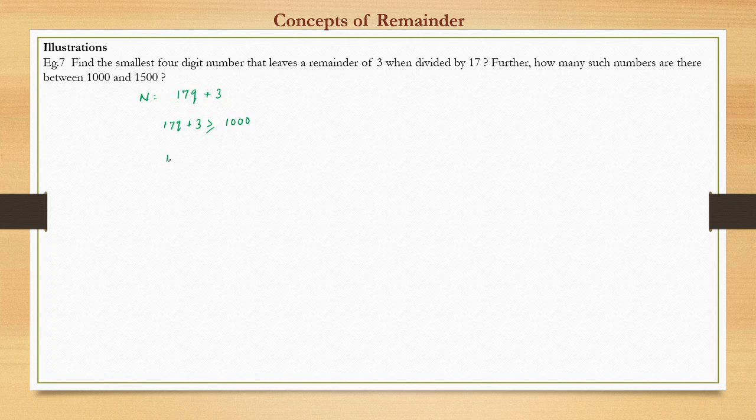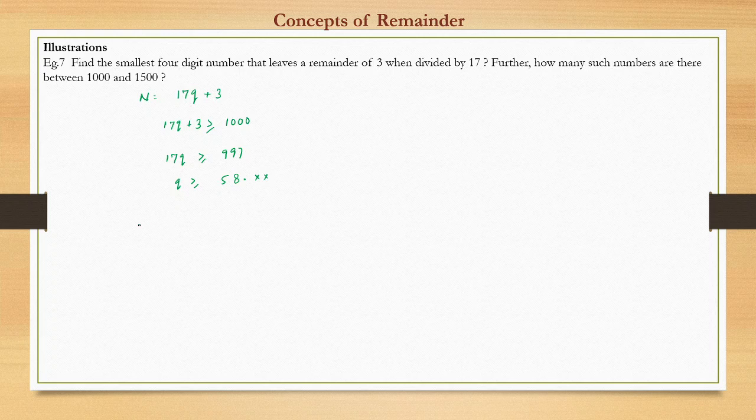So here we can write 17q has to be more than or equal to 997. So q has to be more than 58 point something. So q must be an integer, right? Because this is a quotient. Quotient will be an integer. This is a remainder.